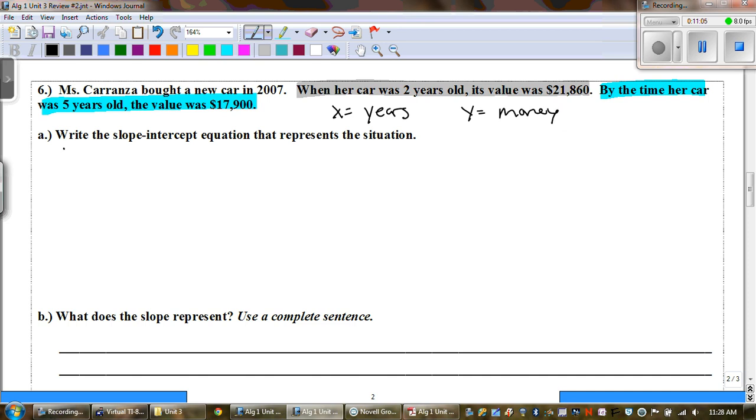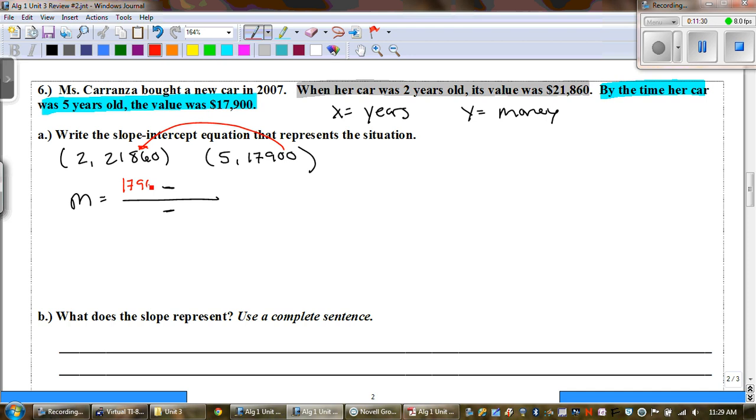So my 2 points in the gray would be (2, 21,860). And then our other point is (5, 17,900). Okay? They gave us 2 points. So if they gave us 2 points, that means we have to find the slope.